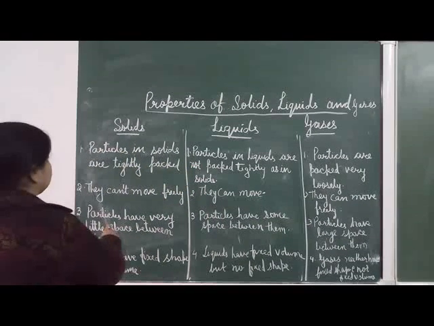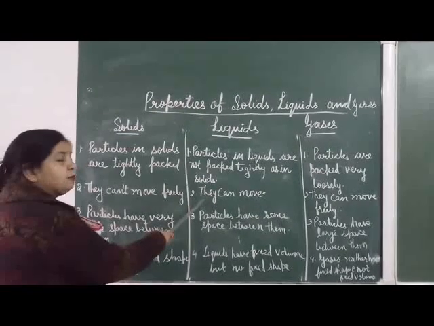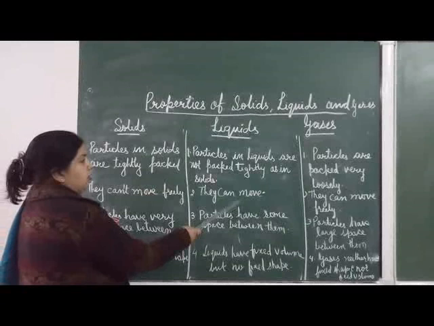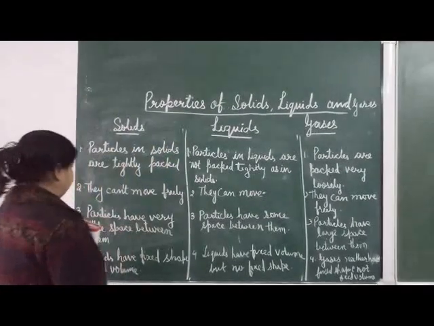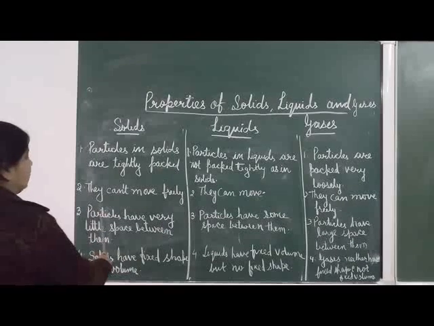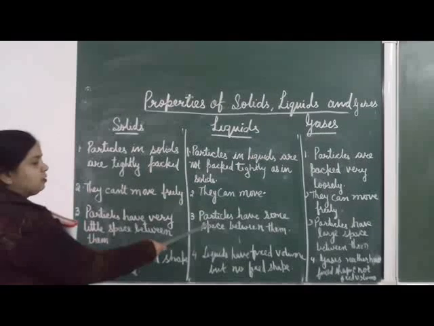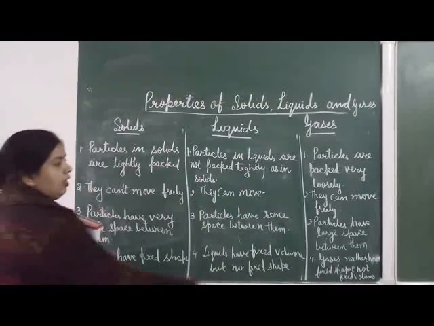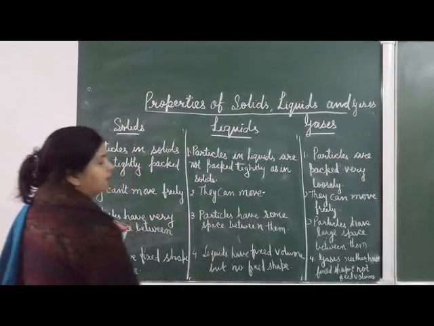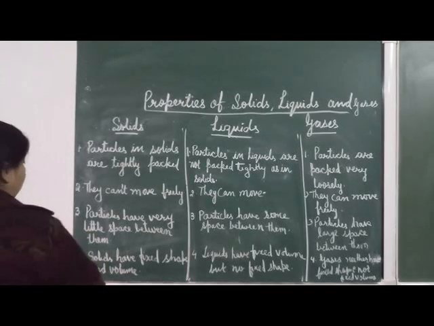Point 2. In solids, particles can't move freely. In liquids, these particles can move, and in gases, these particles can move freely. Point 3. Particles in solids have very little space between them. In liquids, particles have some space between them. In gases, particles have large space between them. Point 4.